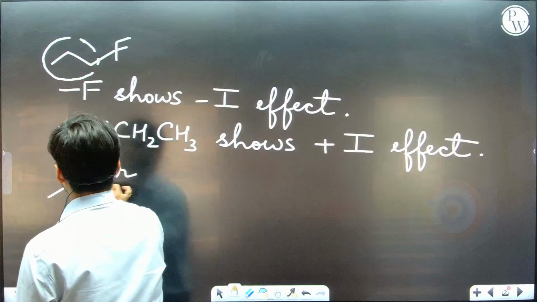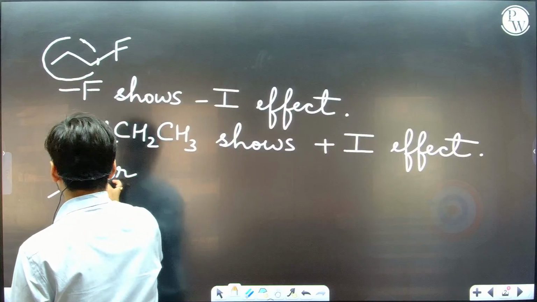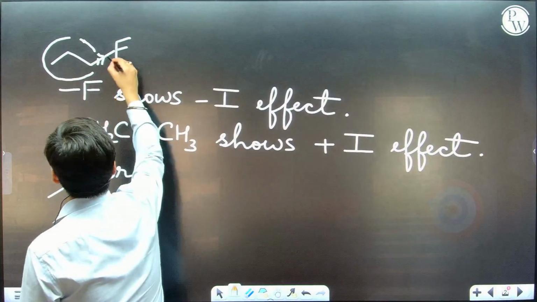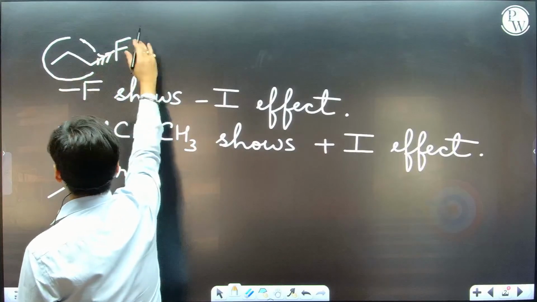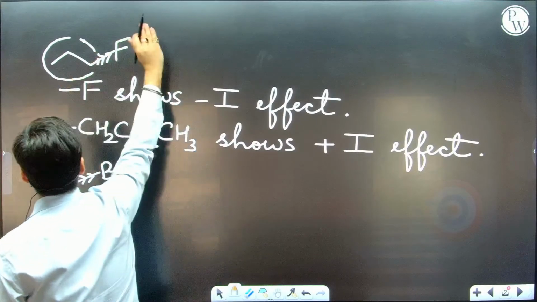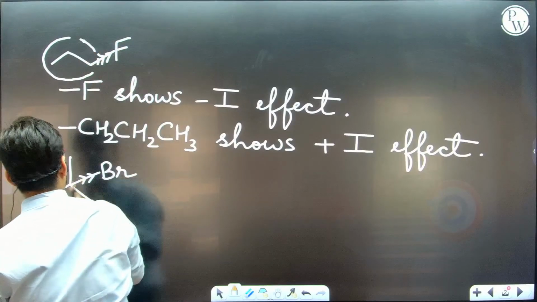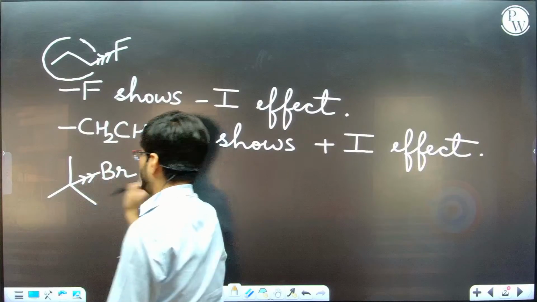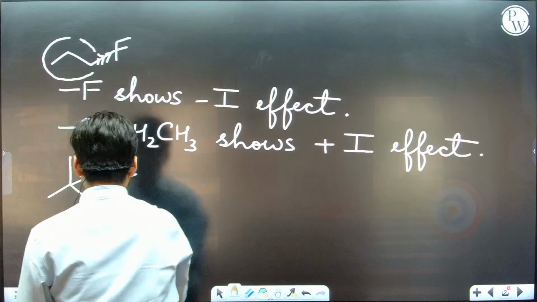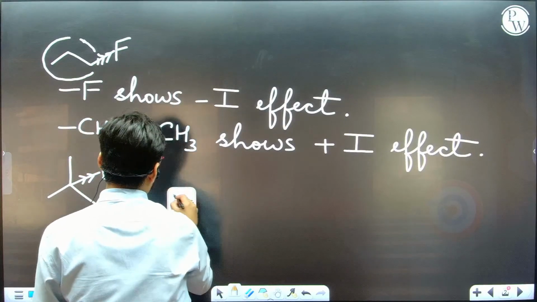Again, if you look at this bond is between carbon and bromine. So I can show the shift, or you can say the displacement of the electrons of sigma bond towards fluorine atom, right? And hence similarly here I can show the displacement towards bromine atom. Which means I will say here Br shows minus I effect.